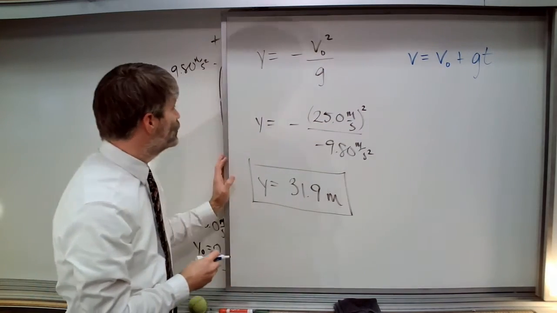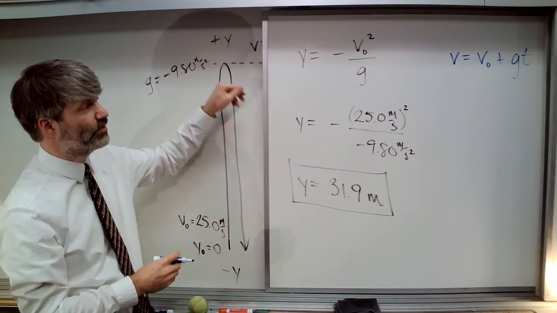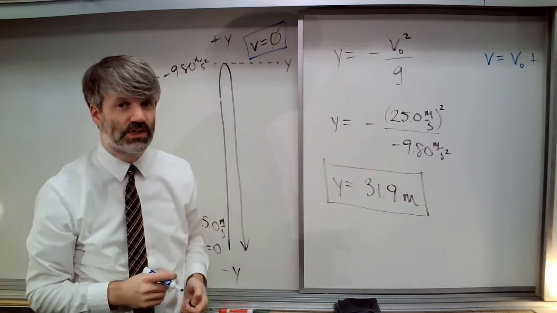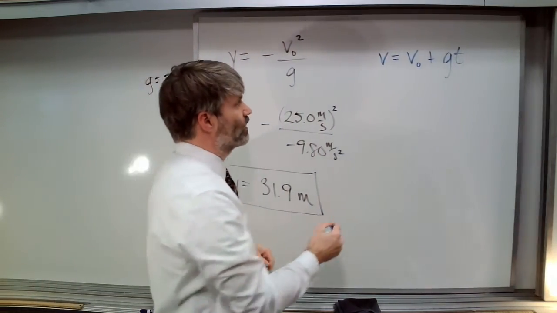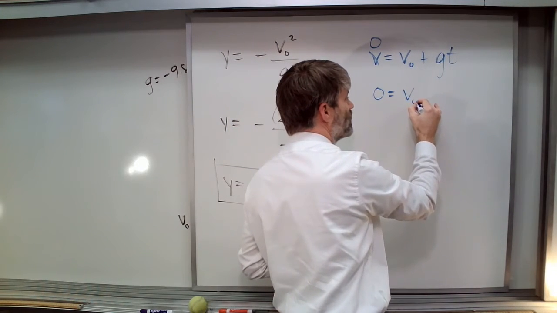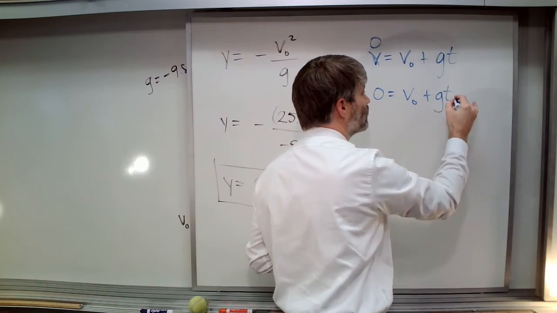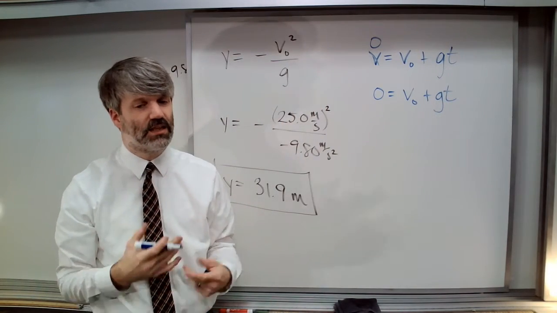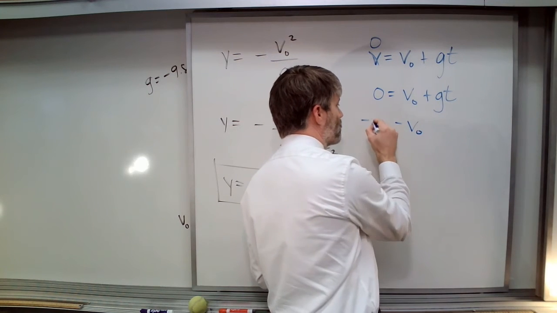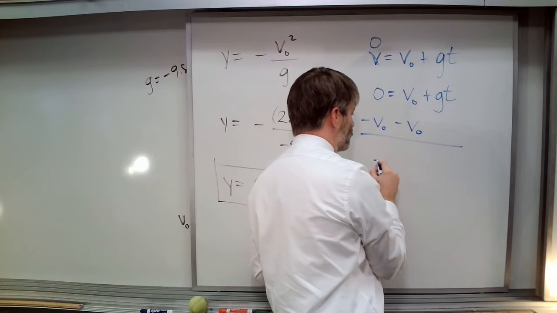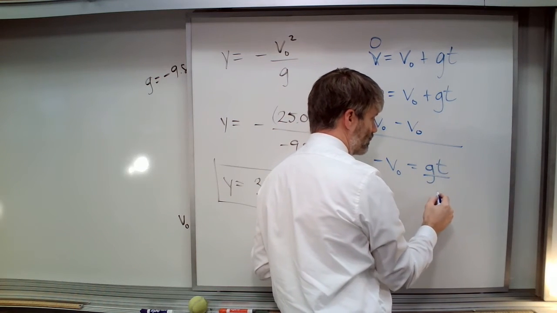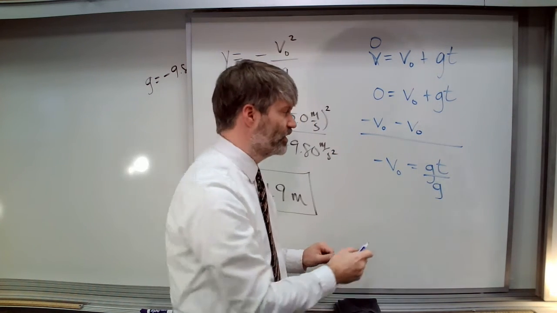Again, if we are just going as far as the top of the motion, v is still equal to 0 at this point. So we've got 0 equals v naught plus gt, and then solving this for t, minus v naught, divide both sides by g.